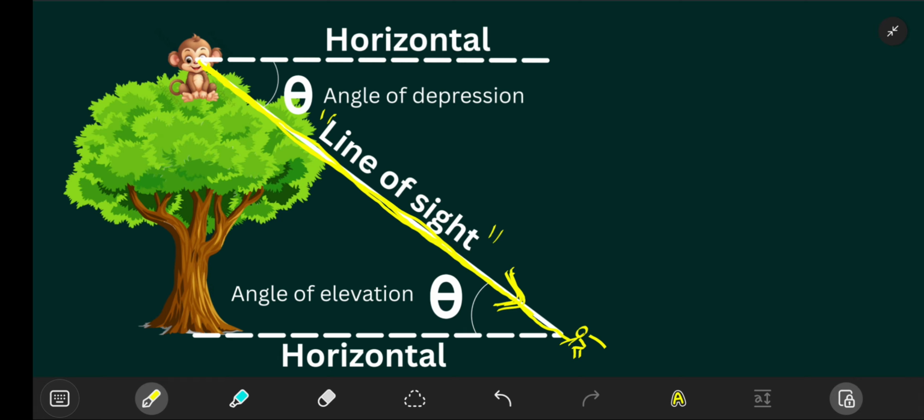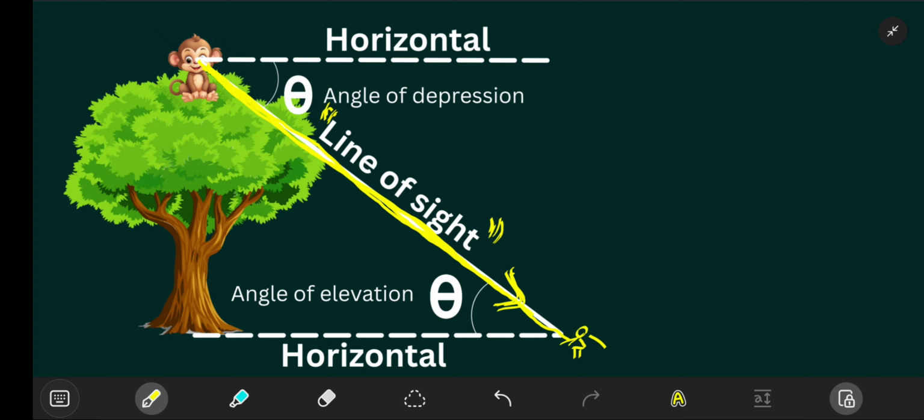So, with respect to this monkey also, this line is called line of sight. If the monkey looks along this line only, the person will appear to it.